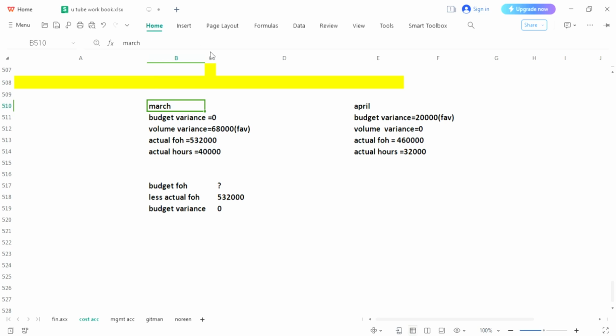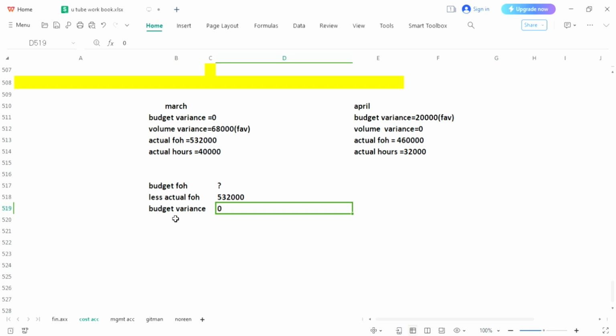Here we can do a reverse calculation. As we know, budget variance is calculated by subtracting actual FH from budget FH. When you reverse the calculation, you decide what to add or subtract. But obviously we are not doing maths, we are doing cost accounting, where signs are not very important; we use favorable or unfavorable.